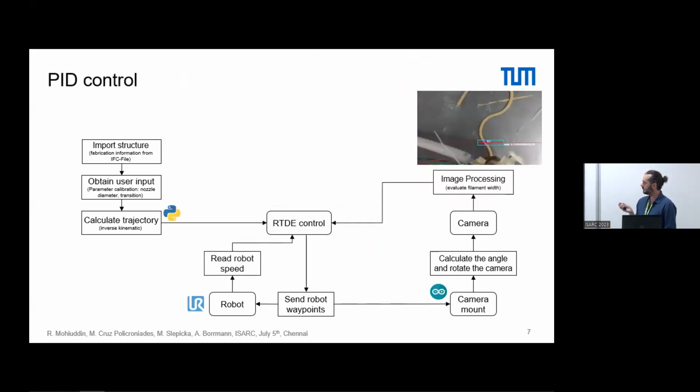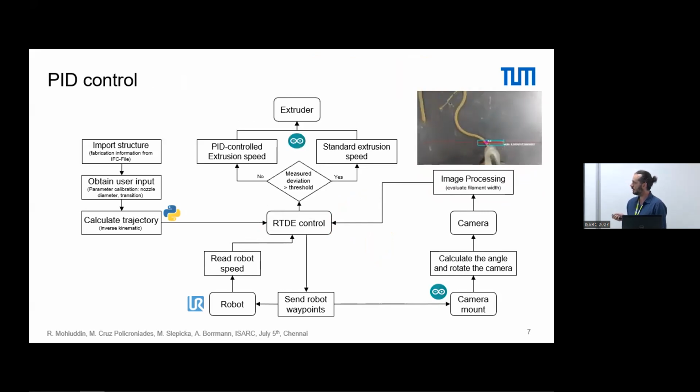When we have that filament in the focus area, we can use image processing to detect the filament width, feed that information back to the RTD control, and then we can actually control the extrusion rate so that we fit the margin.